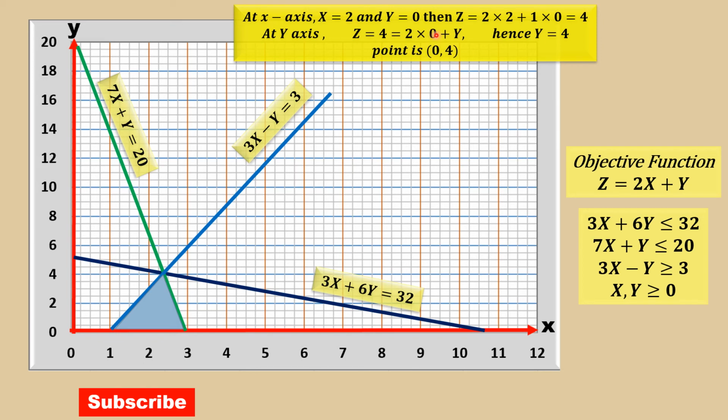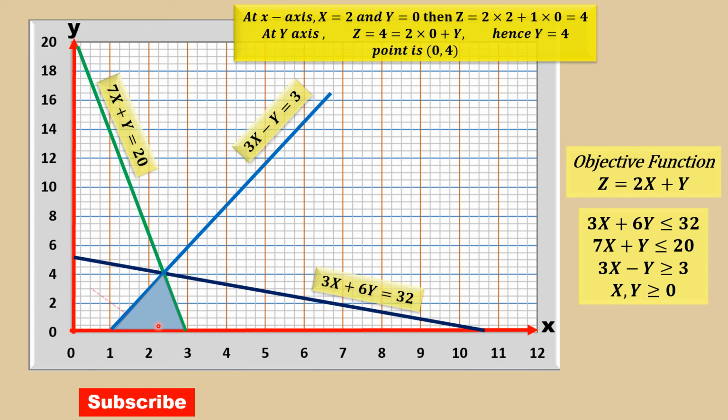So assume 2 into 0, because a point on the y-axis means x value 0. So easily we can put 0 here and find y. So y equal to 4. So the point on the y-axis will be 0, 4. It means this point, and here 2, 0.